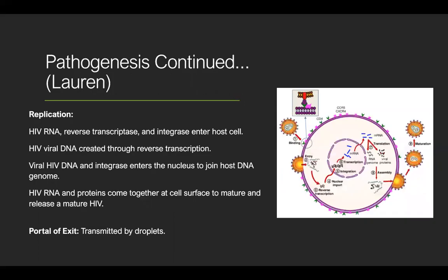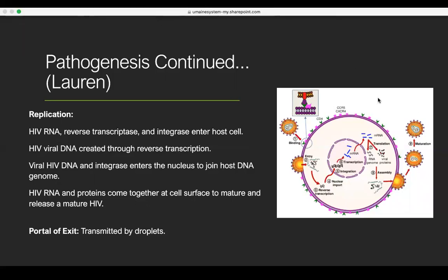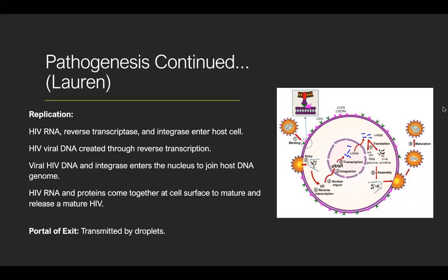To continue on the pathogenesis, the process of replication of HIV is to the right. So HIV RNA, reverse transcriptase, and integrase enter the host cell when the virus and the host cell bind together. HIV viral DNA created through reverse transcription is the next step.